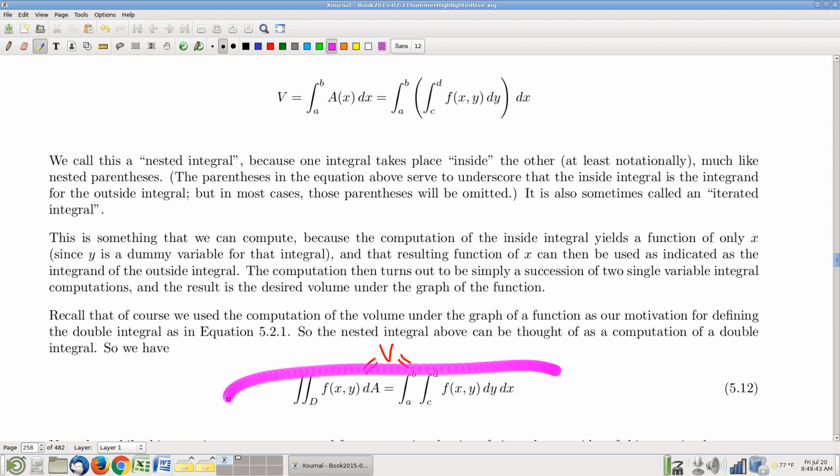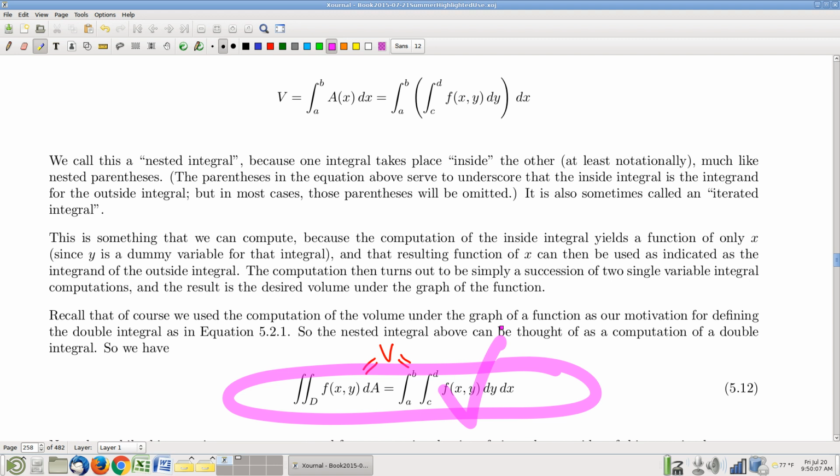The big one is that we can compute Riemann sums. So anything that you can write as a double integral Riemann sum, mass, population, I suppose volume, flow of water through a pipe, there's lots and lots of examples. Any of these applications, you can compute with a single variable integral of a single variable integral.